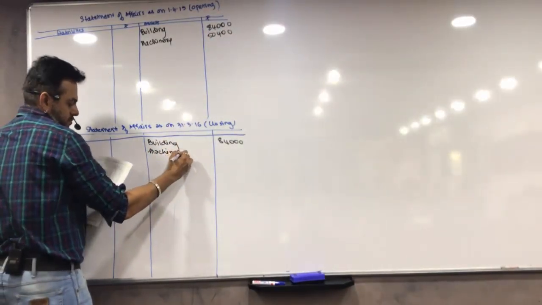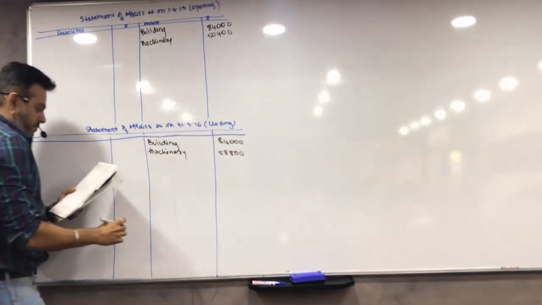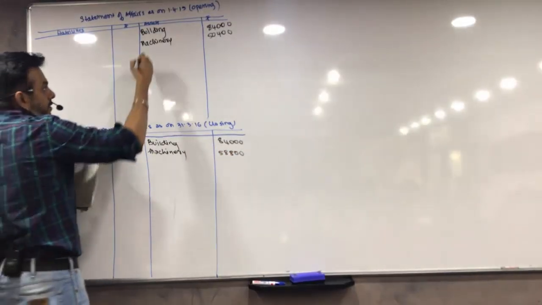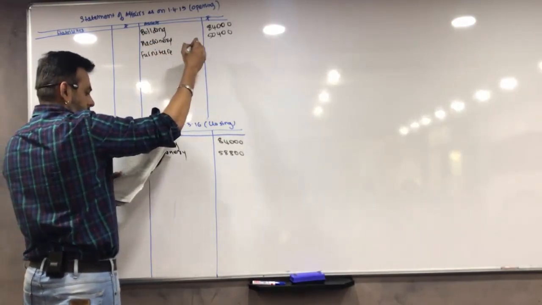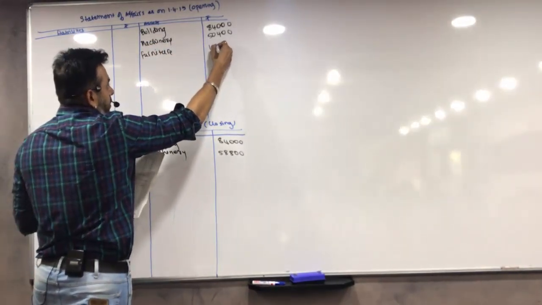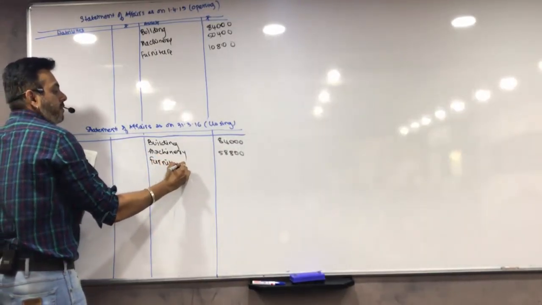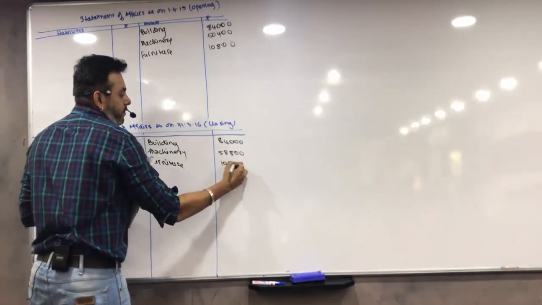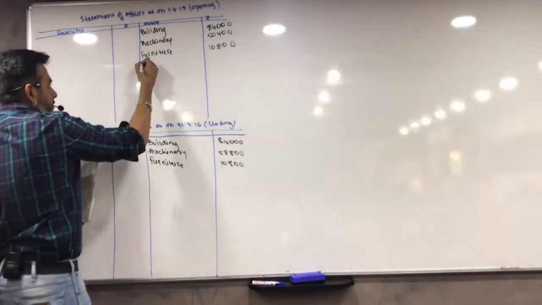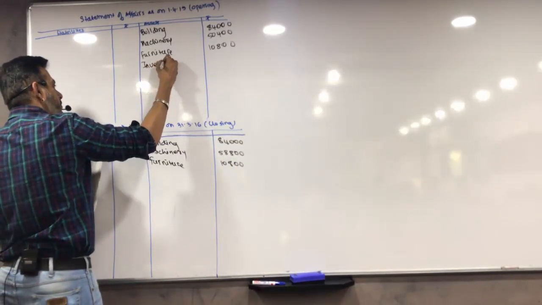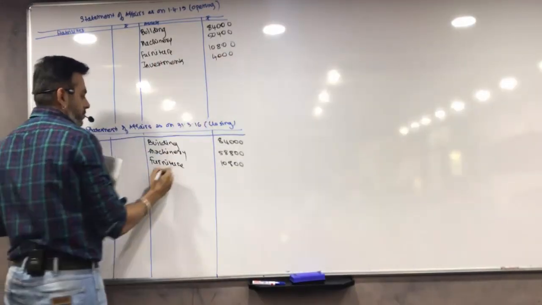Machinery, 58,800. Furniture, 10,800. Furniture, 10,800. Investments, 4,000.